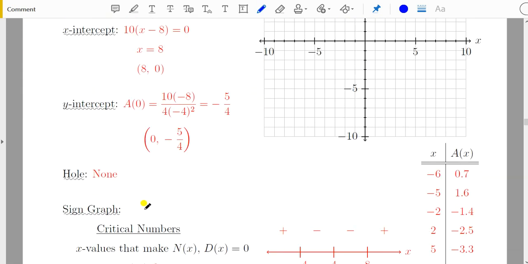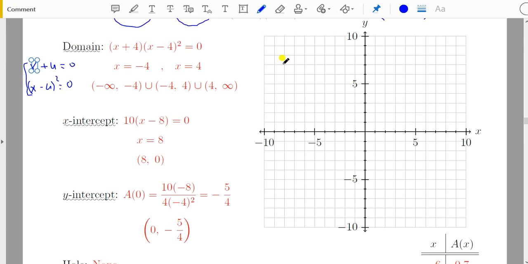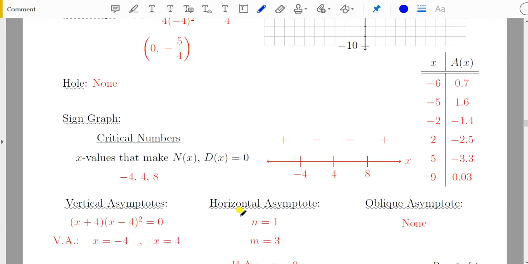And now we can find the critical numbers. The critical numbers are the ones that we use to help us graph the function. So let's try. What should be the critical numbers?